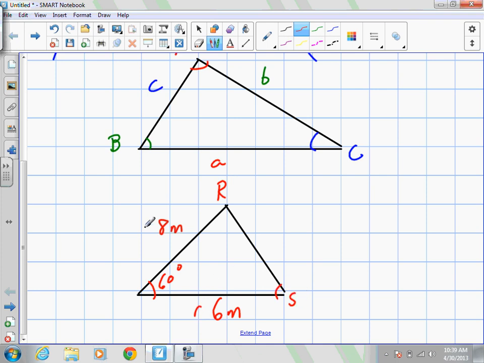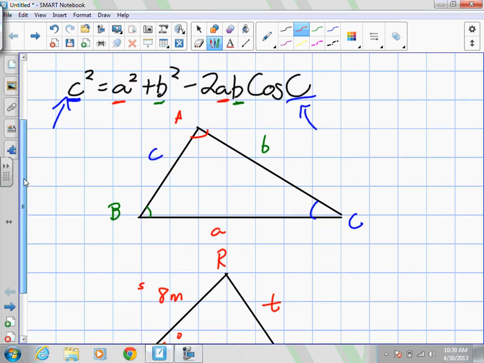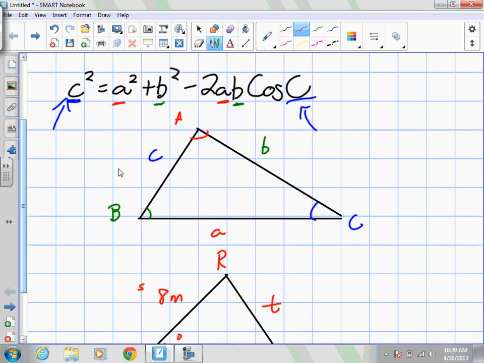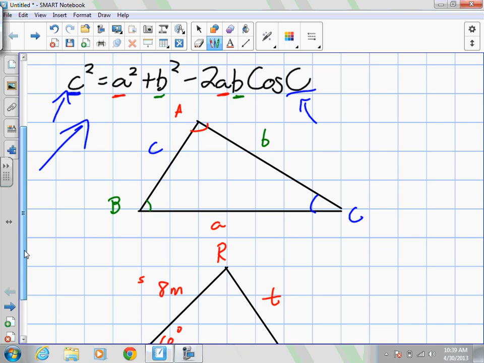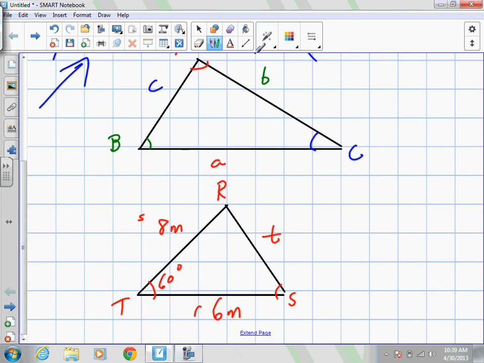S, and T. So, if we want, you can replace all the letters in cosine law with R, S, and T. Or a very simple way to do this would be to rename this. We don't have to follow the letters that they use, R, S, and T. Now, since they're asking us for side T, the only side that's really important that we name is that we call T C for the formula that we're specifically going to use.